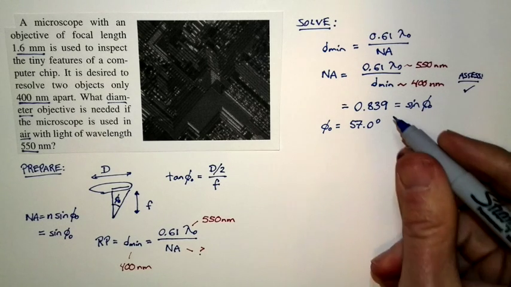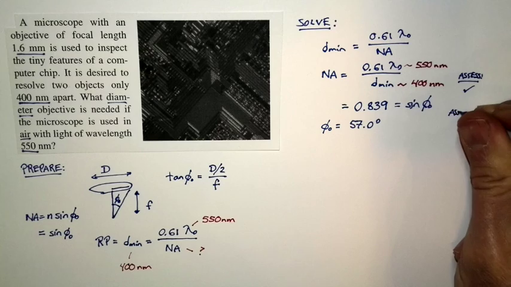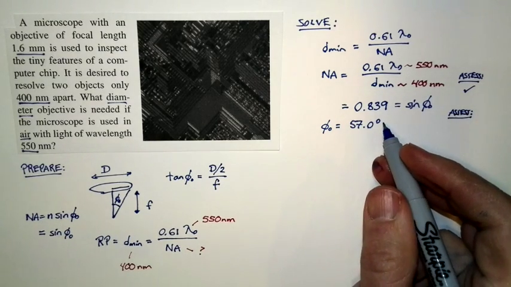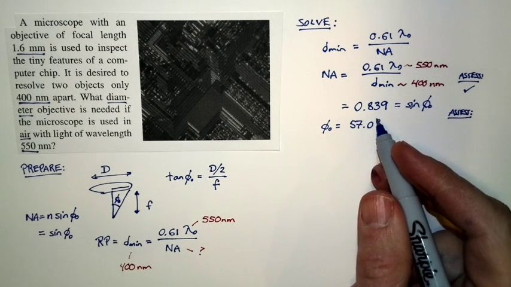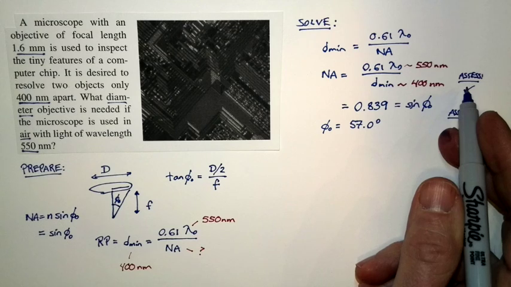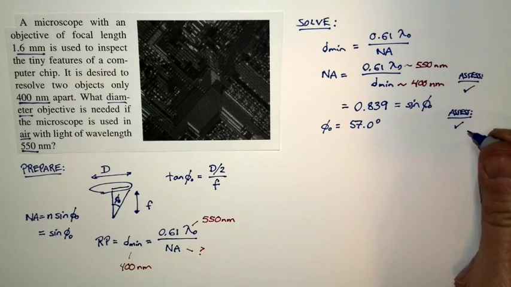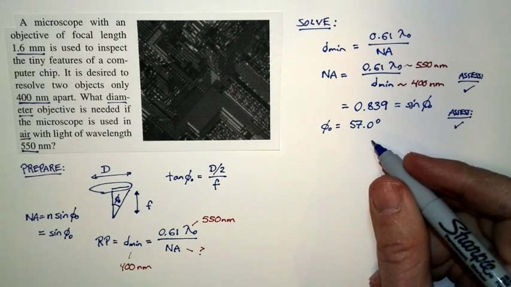So that's good. Also, we said it was going to be at the edge. In the book, it says that the maximum numerical aperture for resolution for imaging in air is about 0.95. We said we'd be close to the maximum, and in fact we are. So our assessment is this is close to the edge. Still possible, but close to the edge of what's possible.